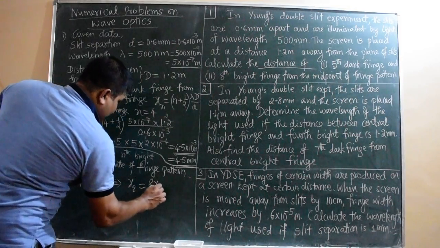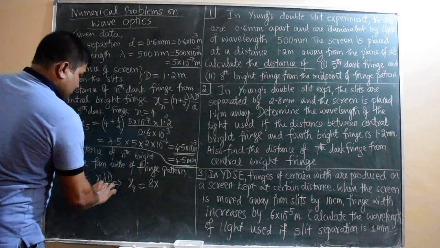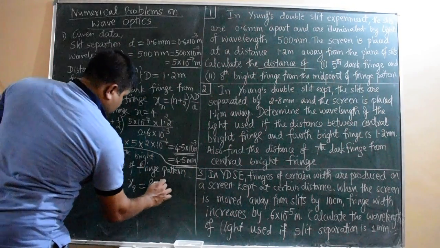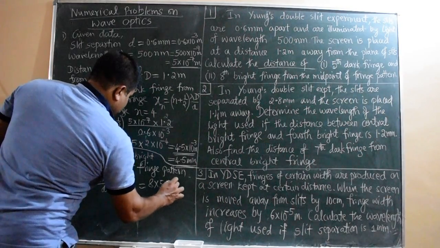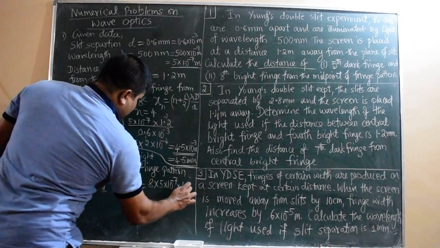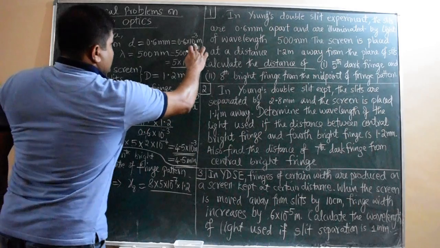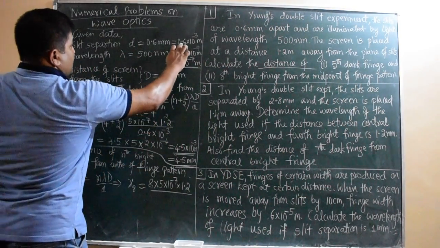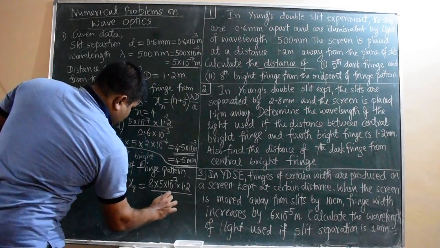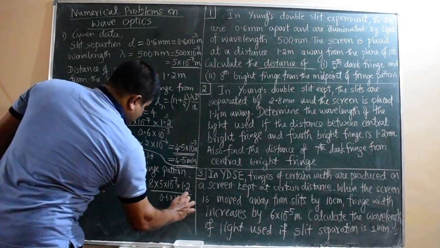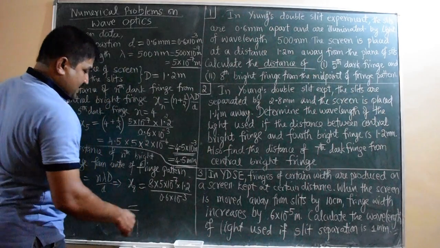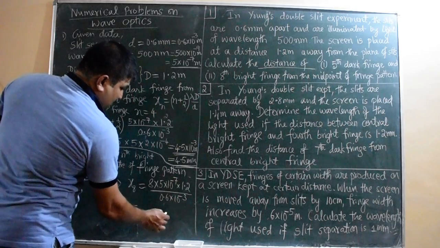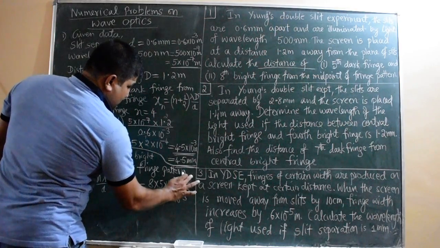So 8 into lambda, the wavelength, which is 5 into 10 to the minus 7, into 1.2, the capital D value, 1.2 meter, then divided by small d, the slit separation 0.6 millimeter, 0.6 into 10 power minus 3. Simplifying like previous: 1.2 by 0.6, directly you can calculate, is 2.